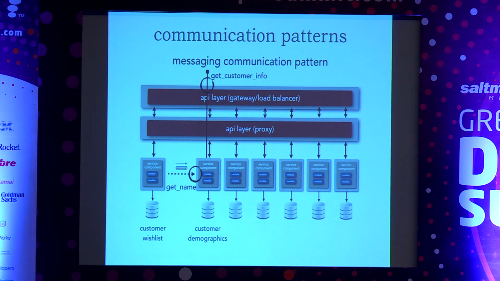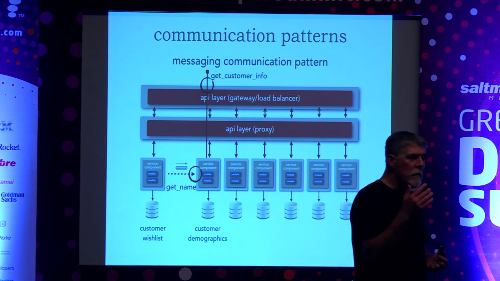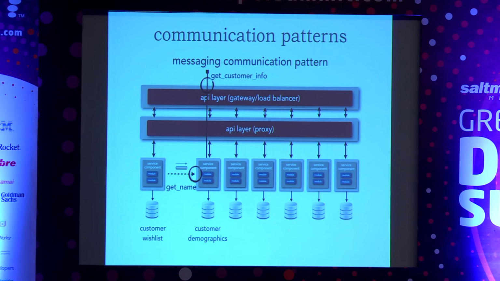I will have a broker cluster for customer communications. I'll have a broker cluster for all order domain communications. I'll have a broker cluster here for all shipping communications. I will have a broker cluster for eventual consistency over here. I'll have a broker cluster for broadcasting over here.